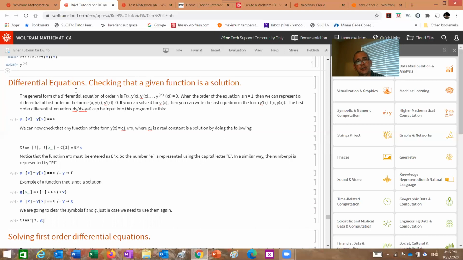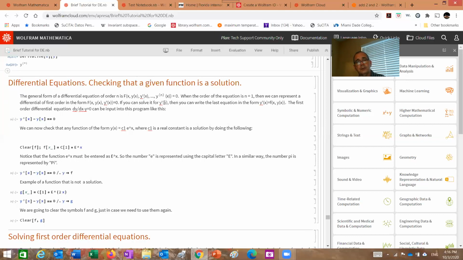So remember that the general form of the differential equation of order n is this: f that depends on x, y of x, y prime of x, all the way to the nth derivative of y with respect to x, is equal to 0. When the order is n equals 1, then we can represent a differential equation of first order in the general form: f that depends on x, y of x, y prime of x is equal to 0.